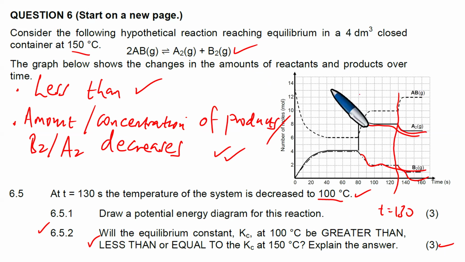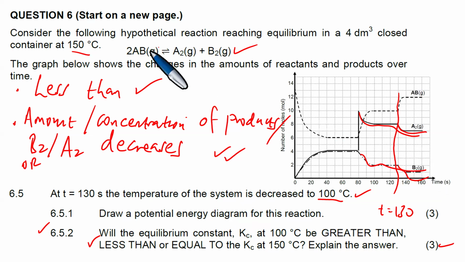Okay, and also you're able to see the concentration of AB. So you can also guess if this reaction is endothermic or exothermic, because if the temperature is decreased at 130, the A2 and the B2 go down.